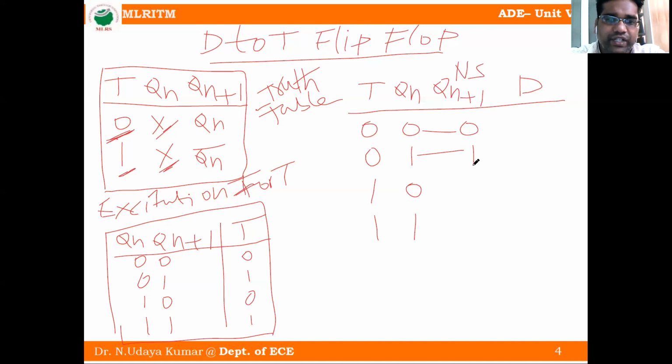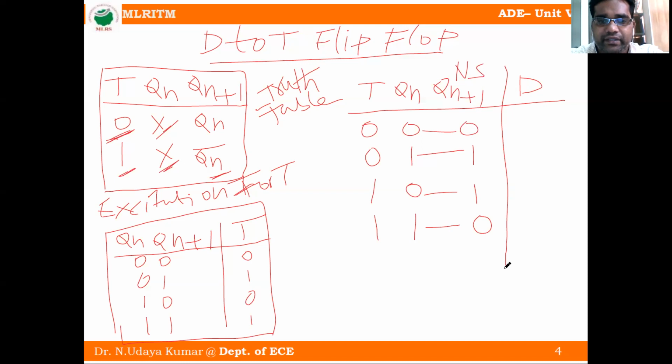Then if T is equal to 1, the next state is Qn bar, that is, the present state is complemented. Here the present state is 0, and when T is equal to 1 it is complemented, so it is 1. Here 1 is complemented, so it is 0, because when T is equal to 1 the next state is Qn bar. So this is the extended table.